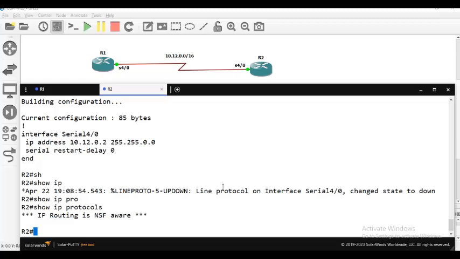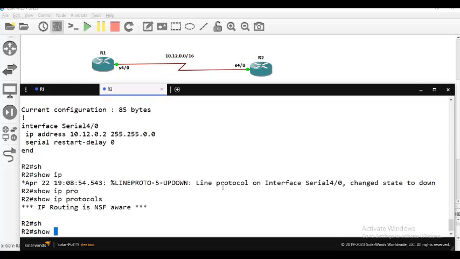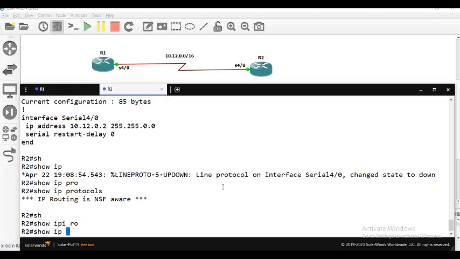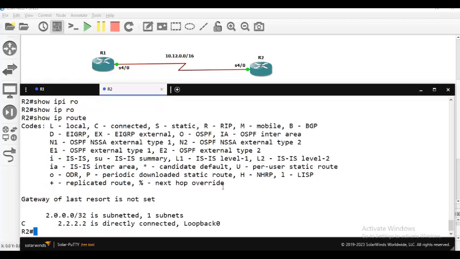It is okay, we have at least IP address. Show IP route. It shows only loopback because you remember the serial link I shut down. So that network 10.1.2 won't come. Line protocol should be up for the routing table to show the route. The physical interface network.